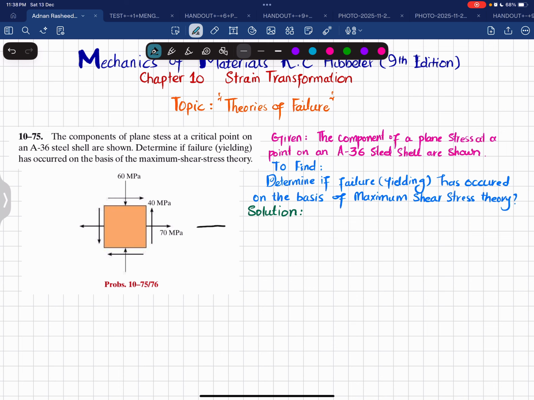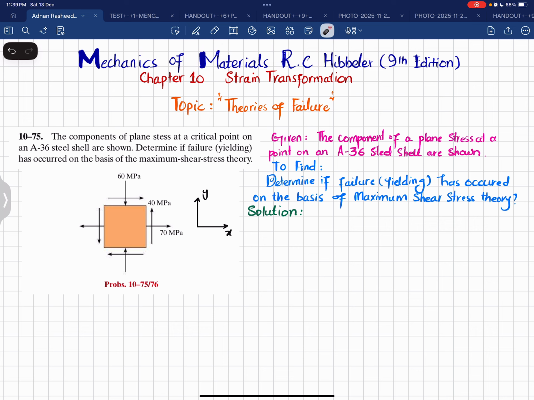So what we are going to do is take this x direction as the positive axis, and this direction as the negative axis. You can see this edge is perpendicular to the x-axis, so the stress acting over it will be represented as sigma xx.